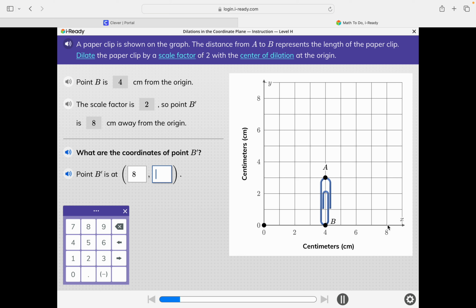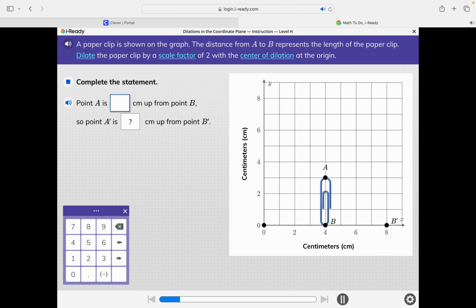So I move 8 centimeters away from the origin, 0, 1, 2, 3, 4, 5, 6, 7, 8, on the plus side, and then stay at 0. So Y is 0. You don't have to move for that, because Y is 0.